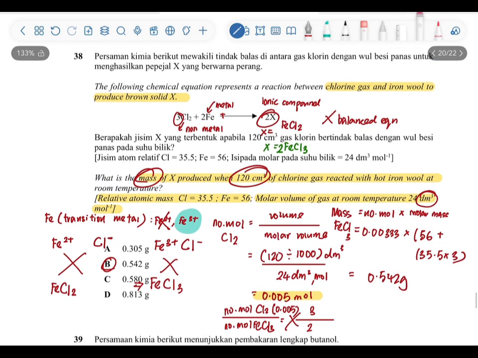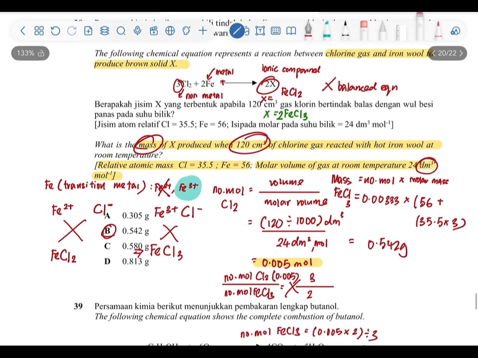So actually, you need to compare, get the information from this balanced equation. The reason why the balanced equation in SPM is always very important is because sometimes you might need to get the hidden info behind the balanced equation.